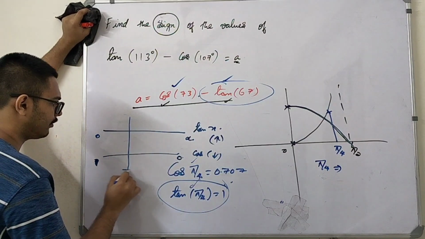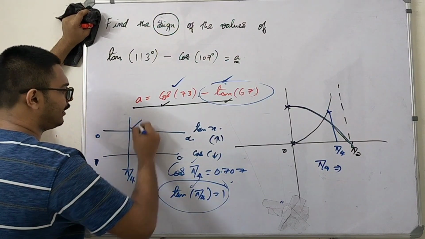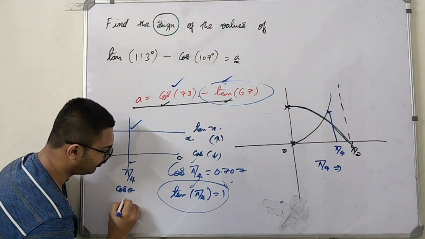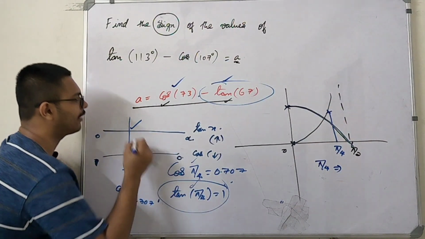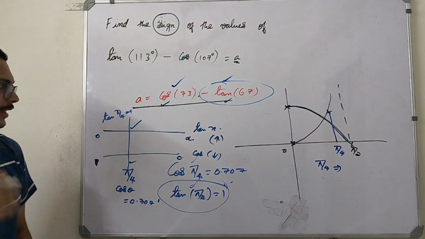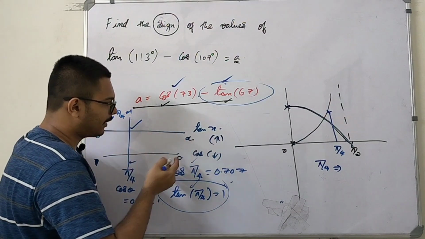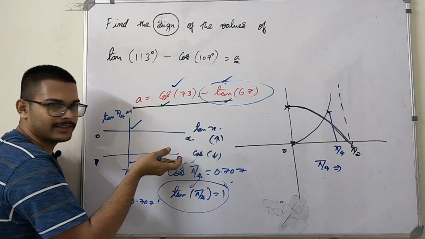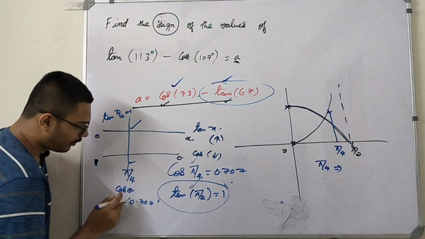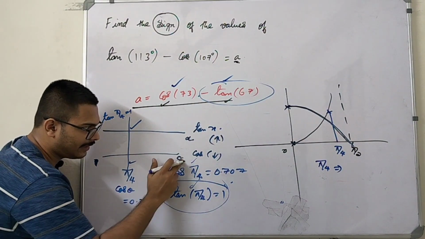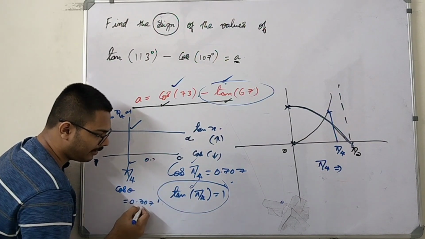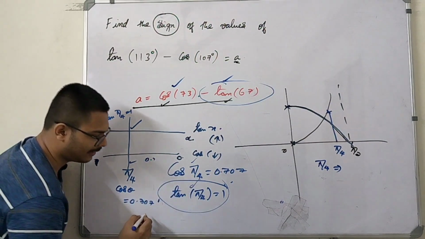At pi by 4, we know tan theta is greater than cos theta, and the value of cos theta is 0.707, and the value of tan pi by 4 is 1. Here we can find that from 0 to pi by 2 both functions are positive. So from 0.707 it is decreasing to 0, so it will be in between 0.707 and 0. It will be a smaller number less than 1.